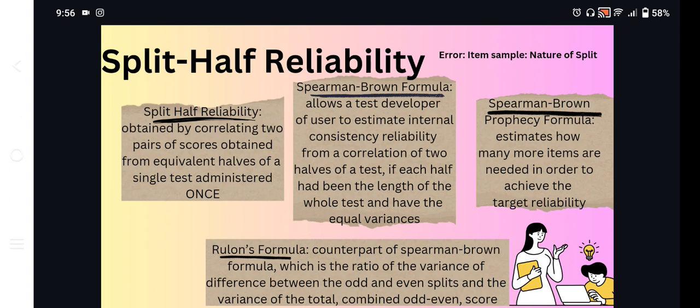Split half is useful when it is impractical or undesirable to assess reliability with two tests or to administer a test twice. You cannot justify the items in the middle because it might superfluously raise or lower the reliability coefficient. So just randomly assign items, or assign odd-numbered items to one half and even-numbered items to the other half.